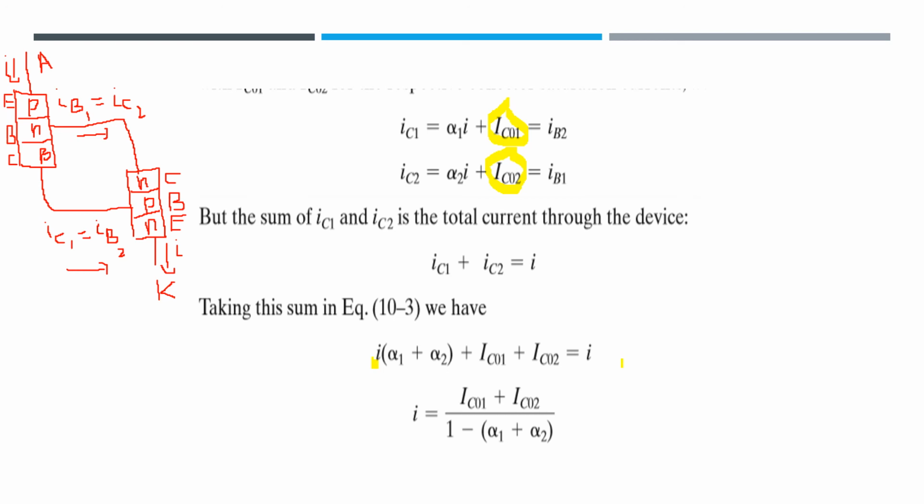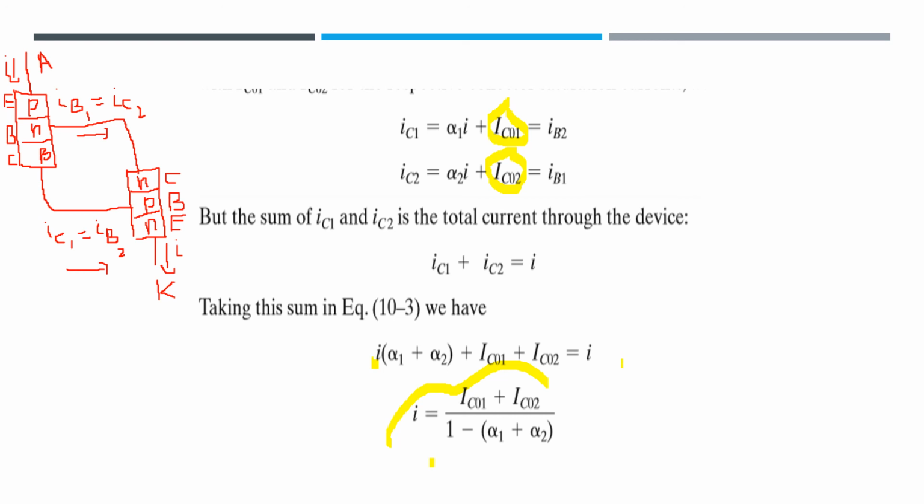Now this last equation shows the total current which is flowing from the anode to cathode. This equation indicates that current I through the device is small, approximately the combined collector saturation current of two equivalent transistors, as long as the sum of alpha 1 plus alpha 2 is small compared with unity.